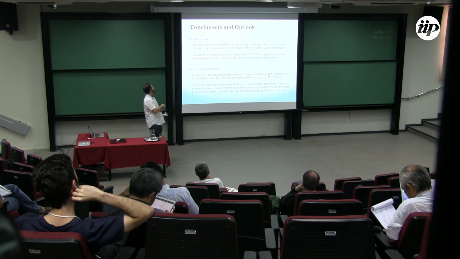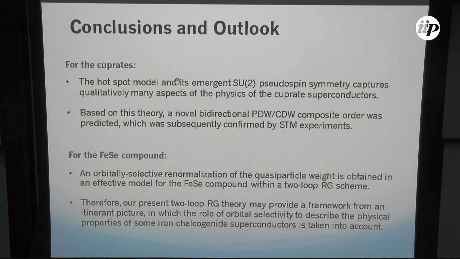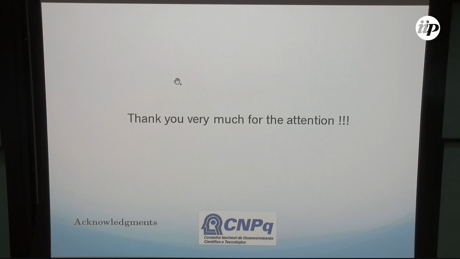And for iron selenide, I showed you that an orbitally selective renormalization of the quasi-particle weight is obtained within an effective model for this material within this two-loop RG scheme. This two-loop RG theory may provide a framework from an itinerant picture in which the role of orbital selectivity to describe the physical properties of some iron chalcogenide superconductors is taken into account. So with that, I thank you very much for your attention.